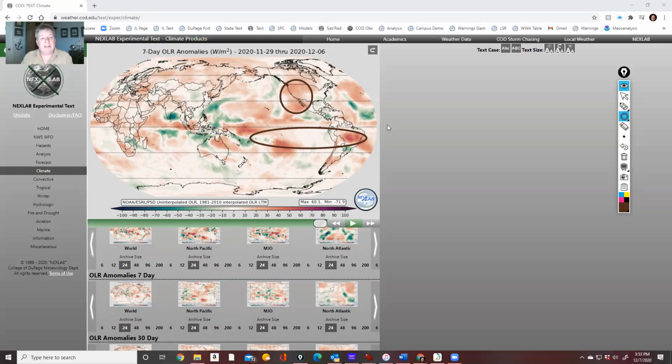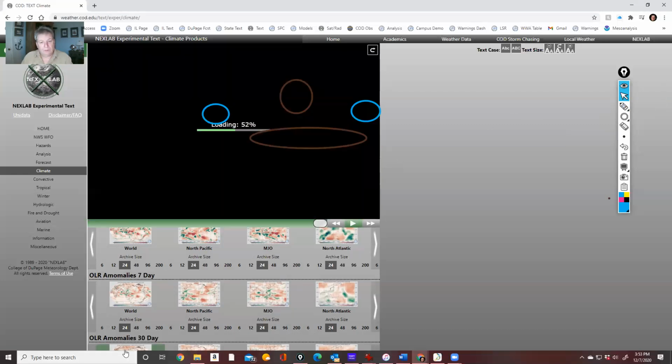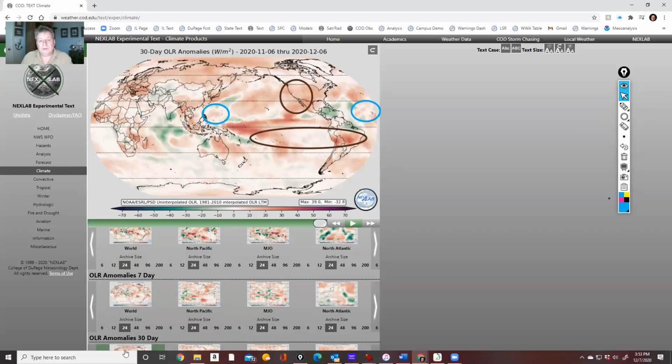Where has it been rainier than normal? Well, over the last 7 days, maybe a little bit down here. It's been wetter than normal. Maybe a little bit over there, it's been wetter than normal. And if I even look at this in terms of maybe 30-day anomalies, I'm seeing the United States is fairly dry for the last 30 days, which those of you who can remember this, it's been fairly dry.